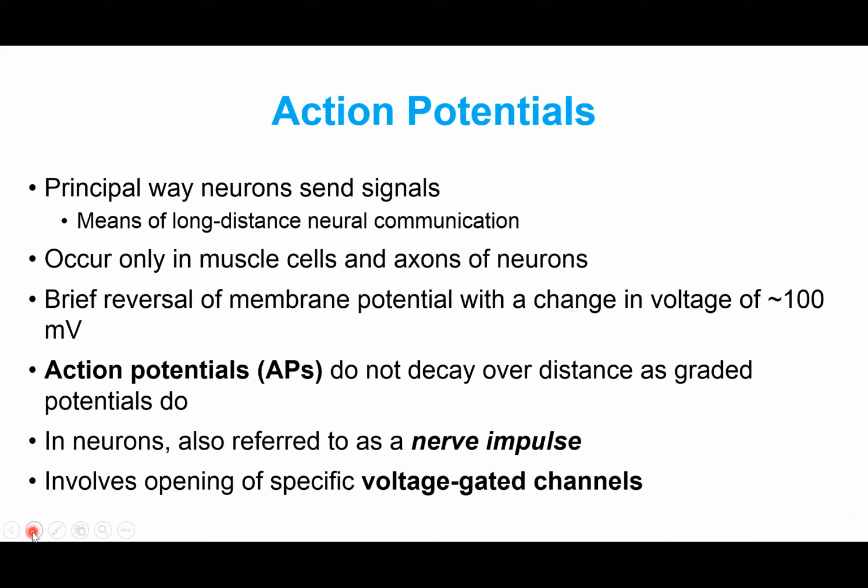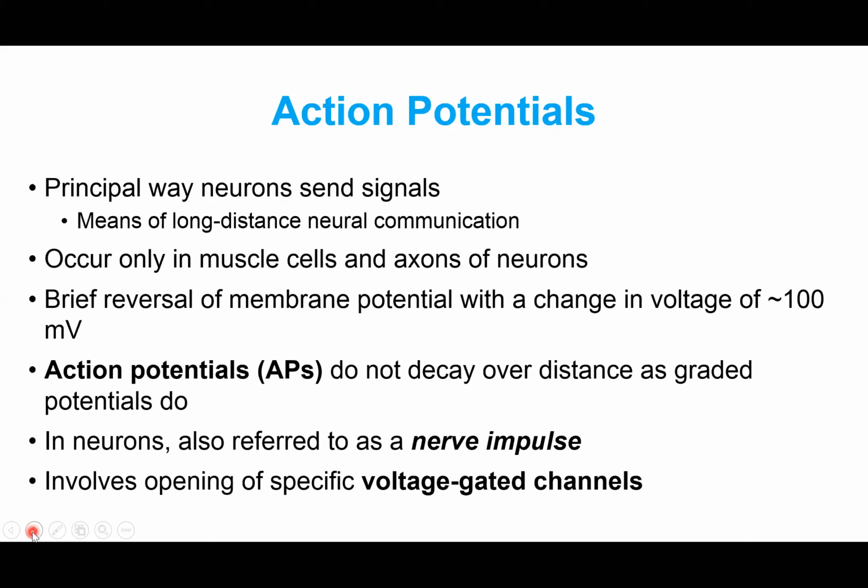In action potentials, essentially what happens is we have this really brief reversal of membrane potential with a change in voltage of like 100 millivolts, give or take. And it's also important to know that unlike graded potentials, action potentials do not decay over distance. So in neurons, action potentials are also sometimes called nerve impulses.